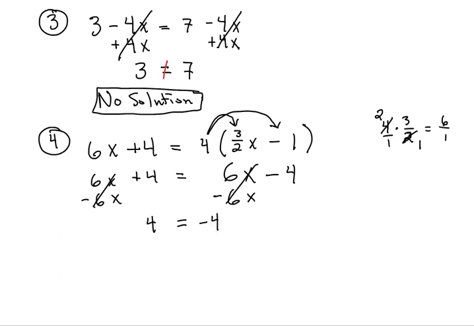And I ask myself, does 4 equal negative 4? It does not, so this one would be a no solution. Now it almost looked like it was an infinite solution. That would have been 4 equals 4. They had the same digits, but one's positive and one's negative, so that makes it no solutions.